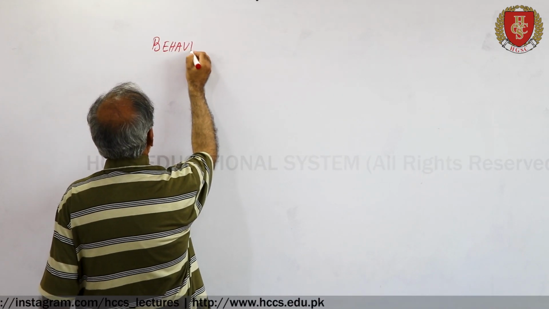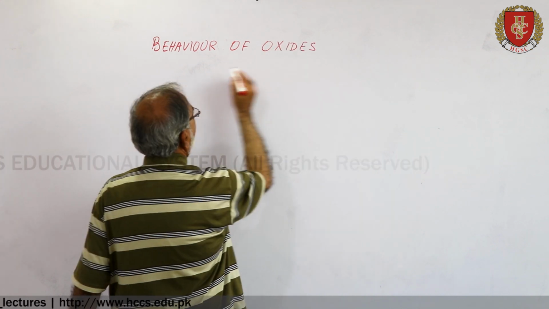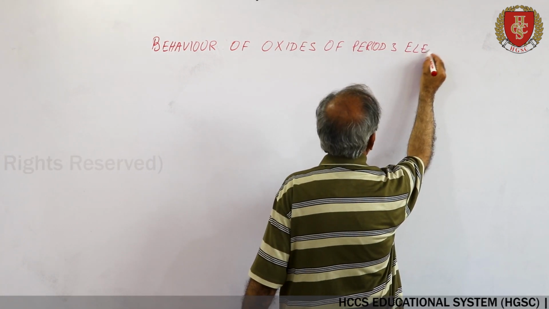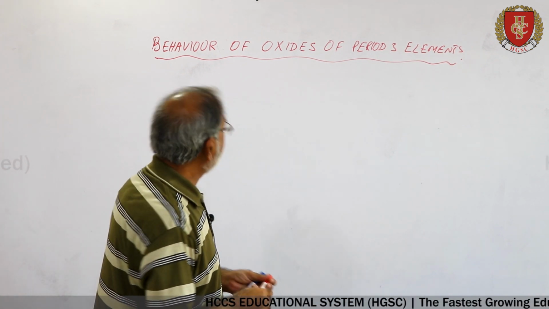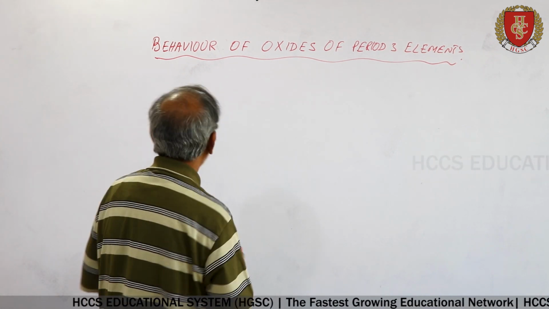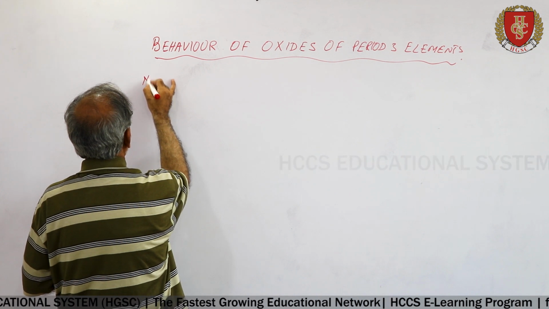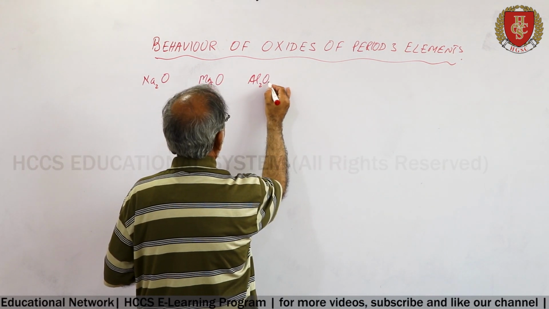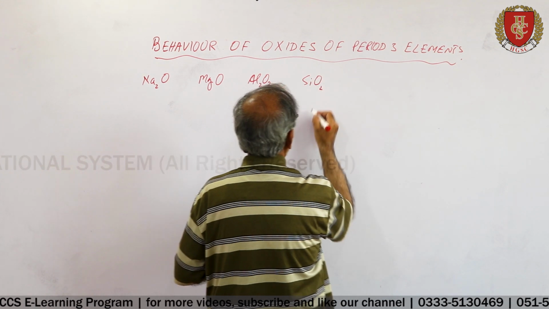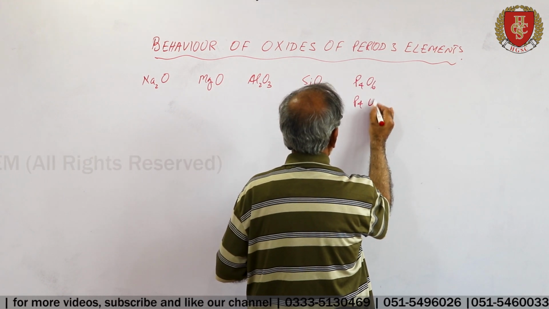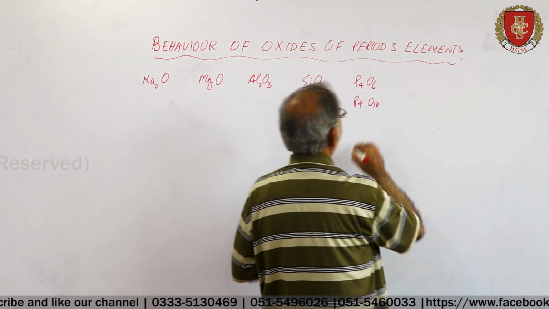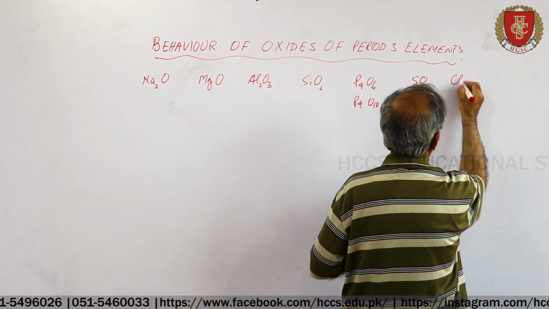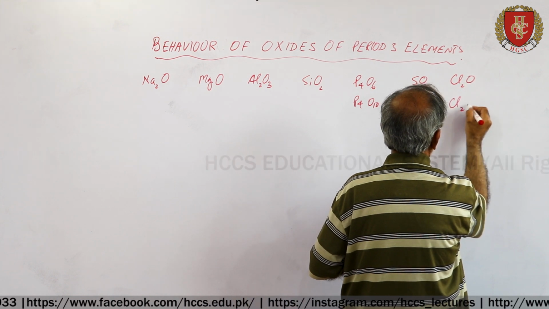The behavior of oxides of period 3 elements. Now the oxides of period 3 elements are sodium oxide, magnesium oxide, aluminium oxide, silicon dioxide, phosphorus trioxide, pentoxide, sulfur dioxide, sulfur trioxide, Cl2O, Cl2O7.